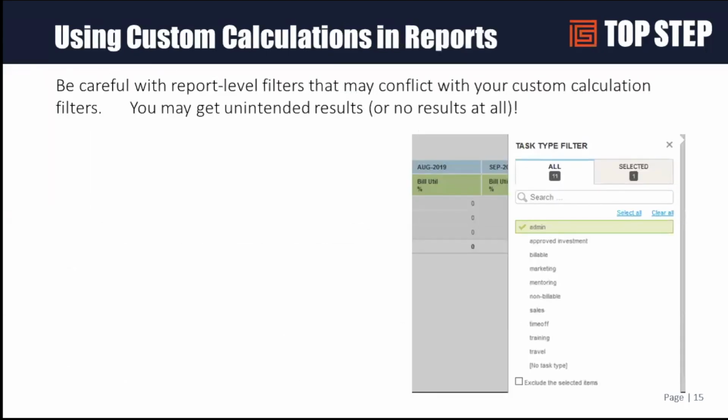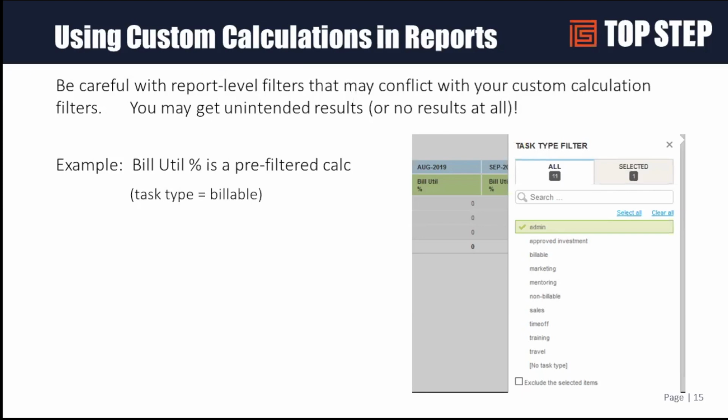Now, when you're using custom calculations in reports, there's a couple of cautions here, especially as it comes to the different types of filtering that you can do in a calculation. And of course, you can also do the filtering in the report. So in this example, I'm pulling in billable utilization, bill utilization percentage.